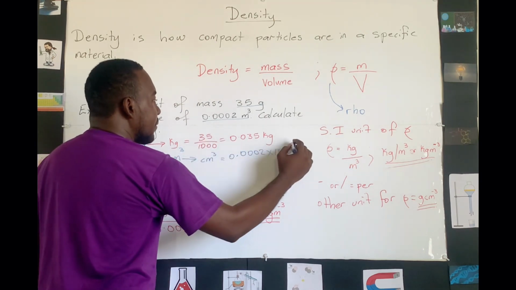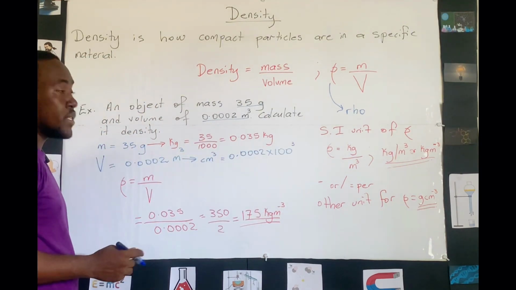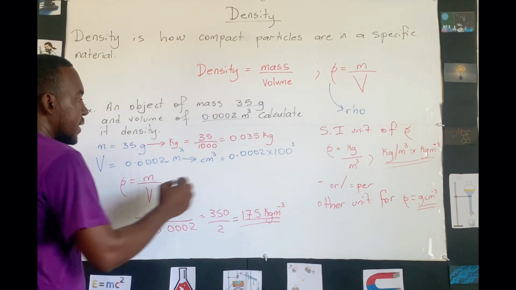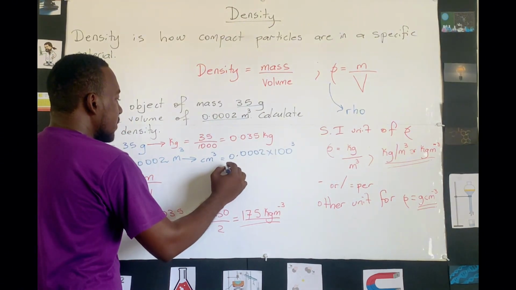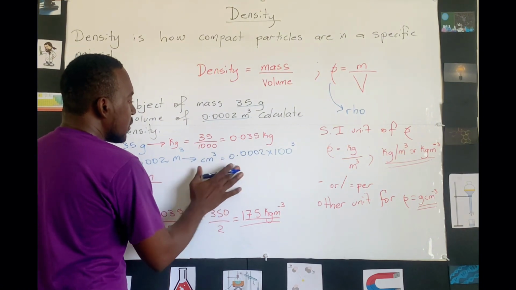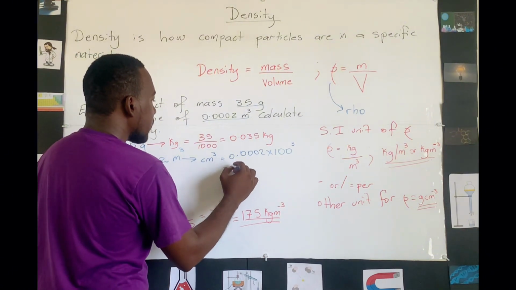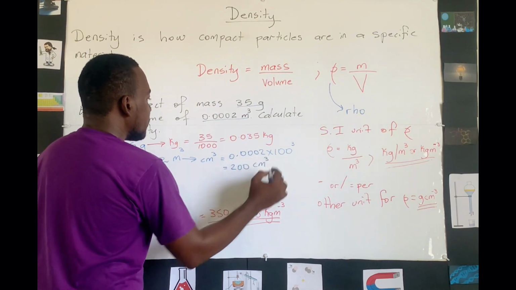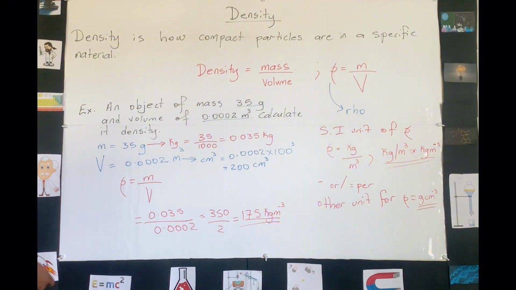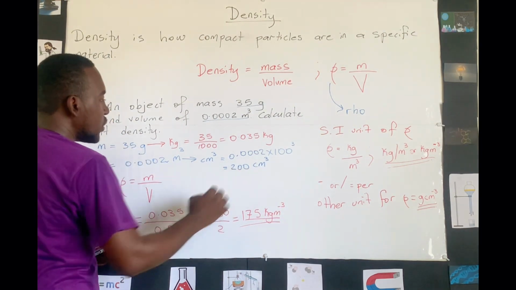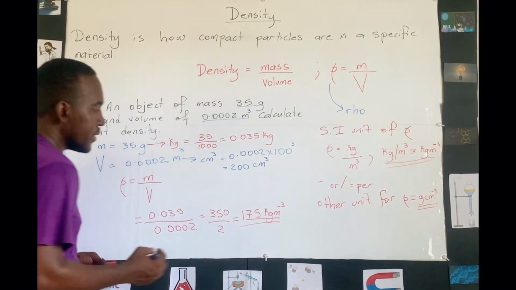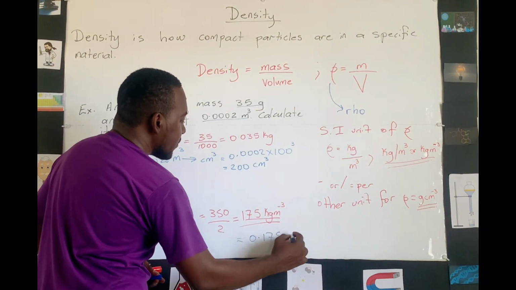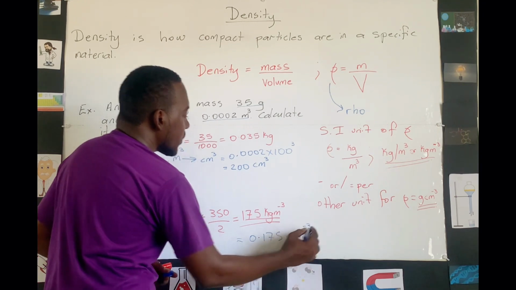If it's cube, then we have to cube the 100 as well, which is multiplying this number by 1 million. And in that case, we will get 200 centimeters cube. And hence, if we divide 35 by 200, what you will actually get is 0.175 gram per cm cube.